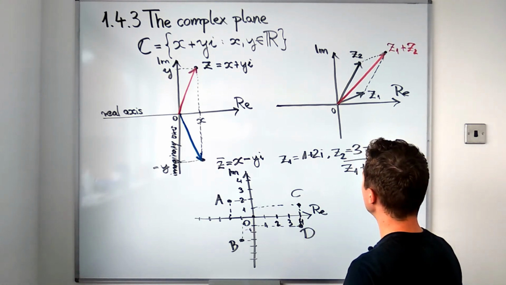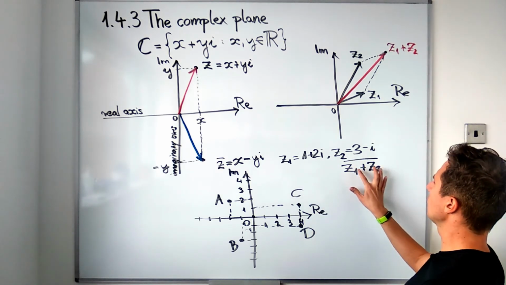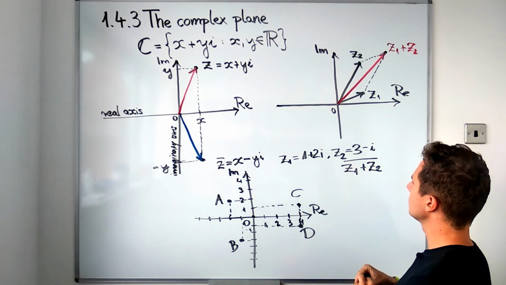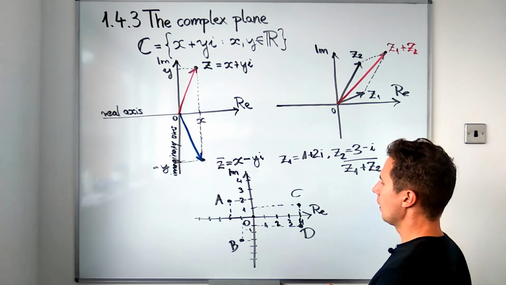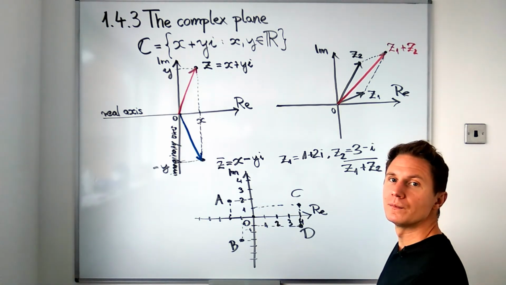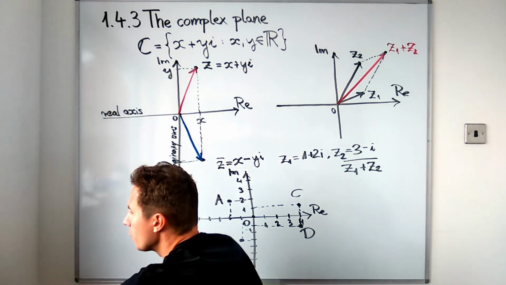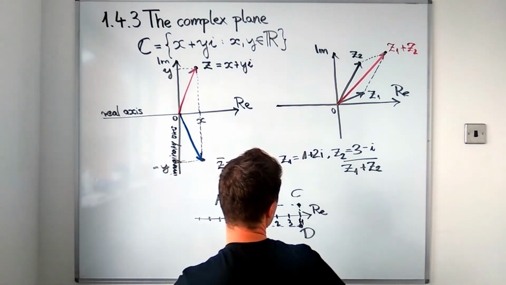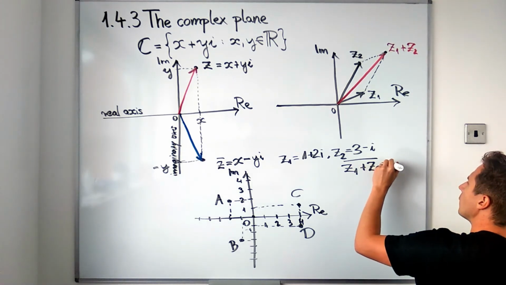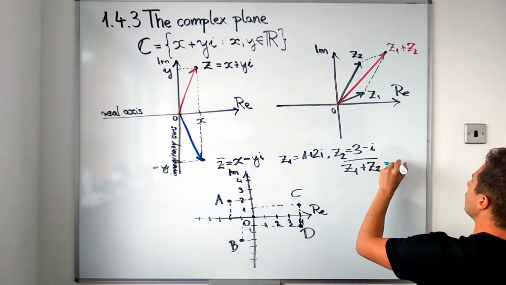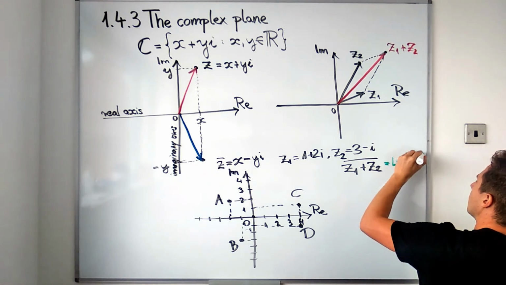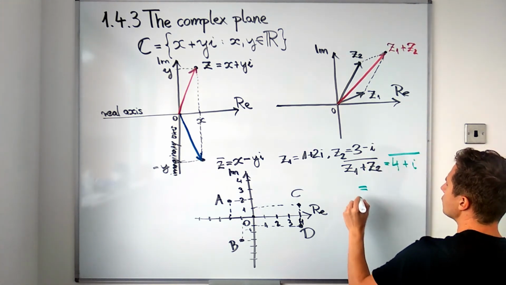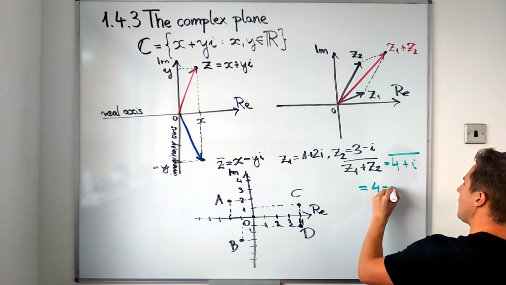So I want you to calculate this sum, take its complex conjugate, and decide which of these 4 points is actually representing that number. Okay, so I hope you paused the video and calculated this number first to be 4 plus i, complex conjugated, giving you 4 minus i.